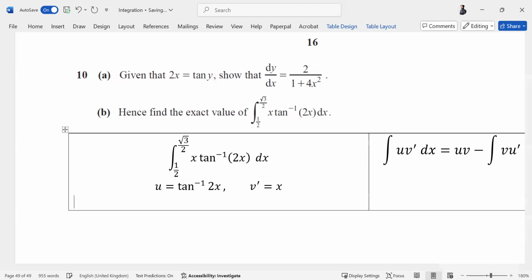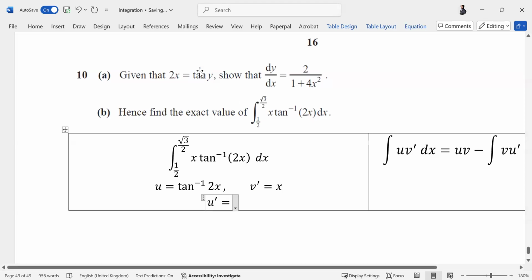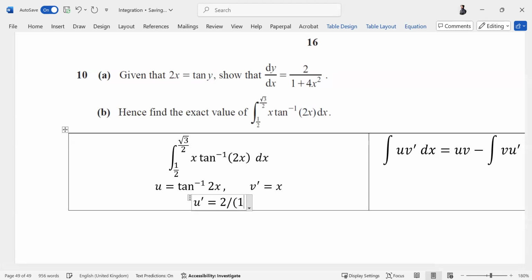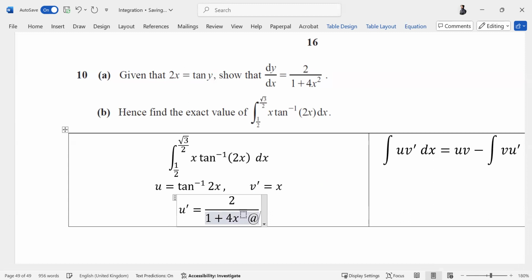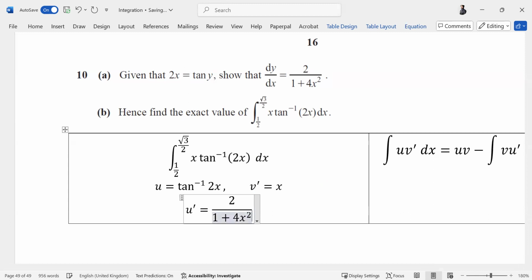So yeah, I have put the formula for you. What will be your u dash? We just did it in the first part. The derivative of tan inverse of 2x is 2 upon 1 plus 4x square. And what will be your v?